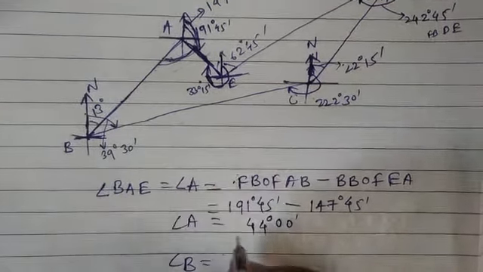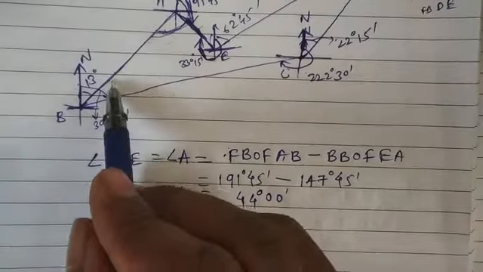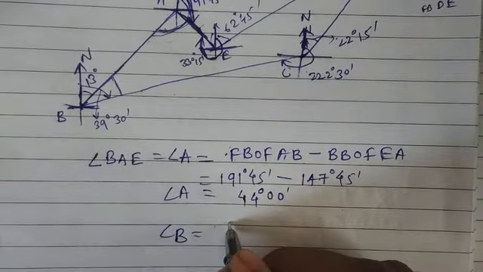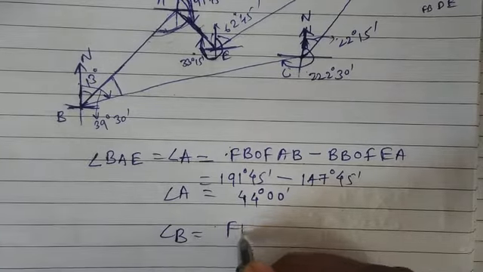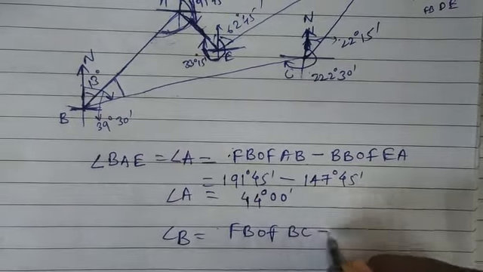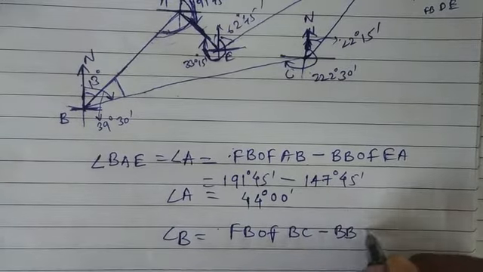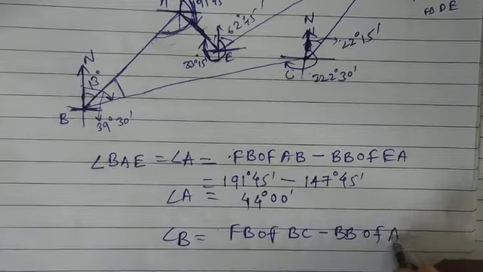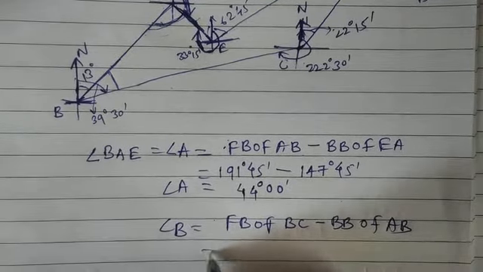So angle B will be the fore bearing of BC minus the back bearing of AB.